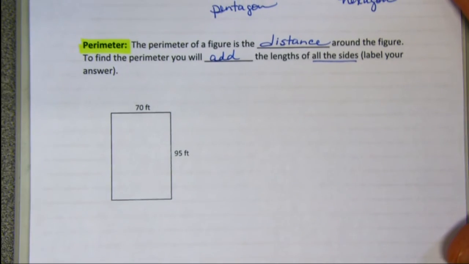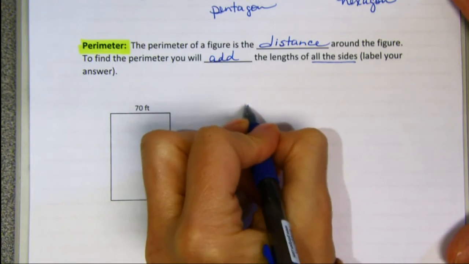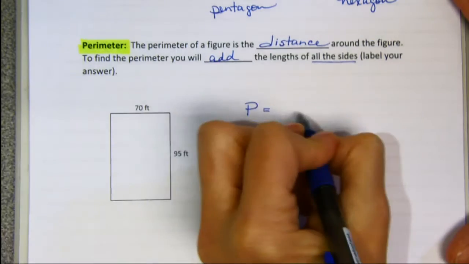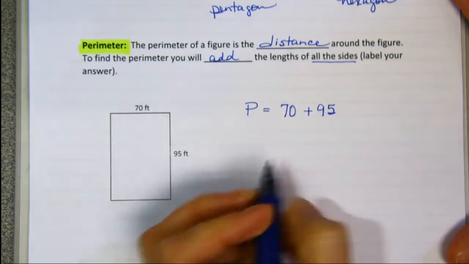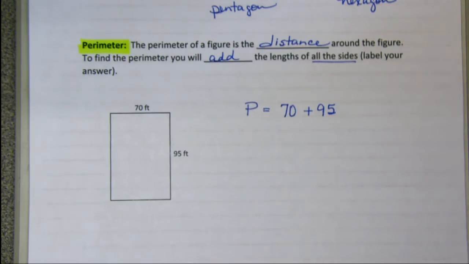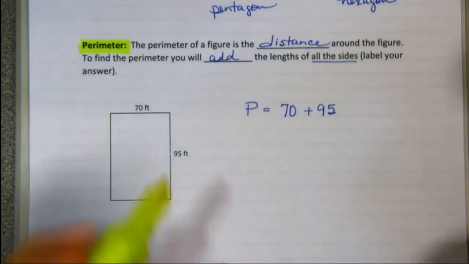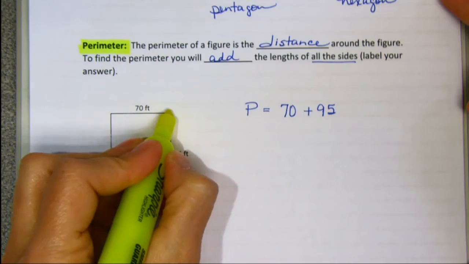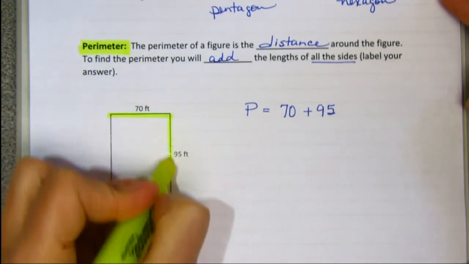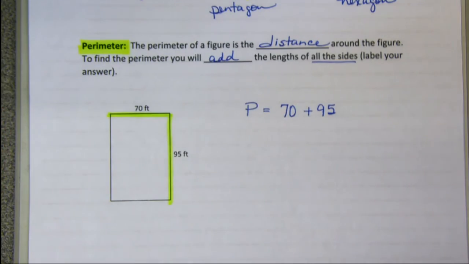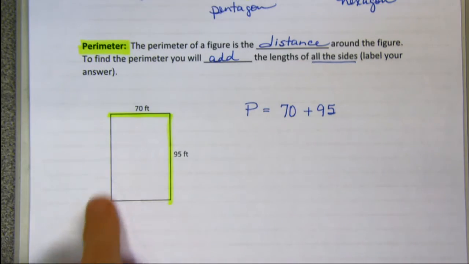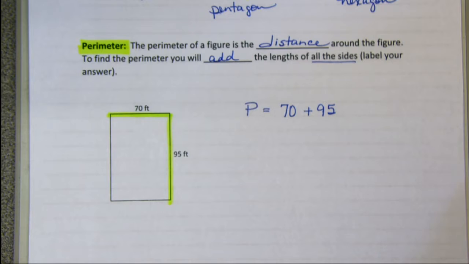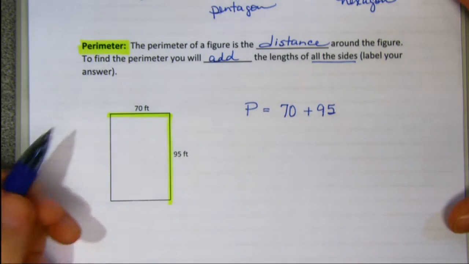The most common error some of my students make is they'll say, I take 70 plus 95, and they'll add those two and tell me that's the perimeter. Well, the perimeter is adding all sides. Here's your 70, here's your 95. You've only added 2 sides. That would be if I walked here to here and then did not walk these other 2 sides. So we have to include all sides.